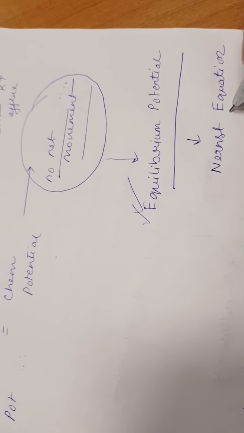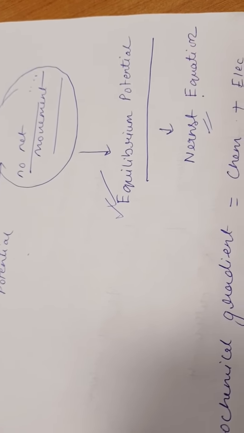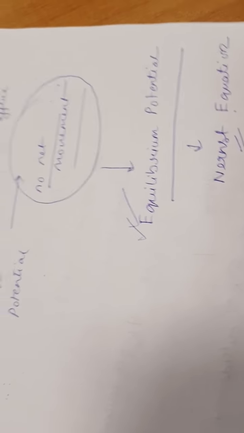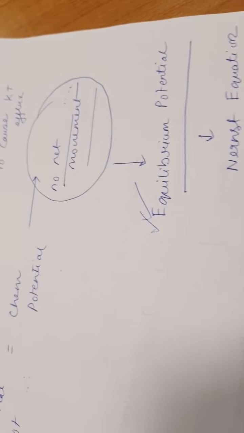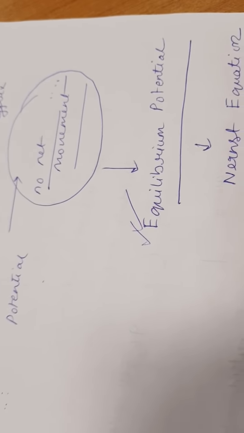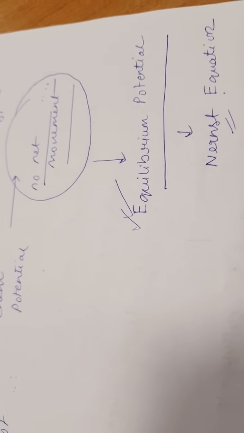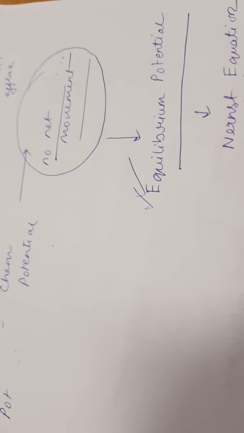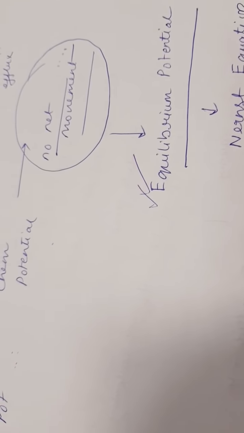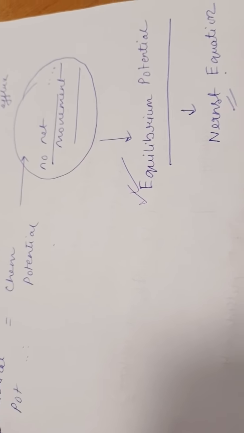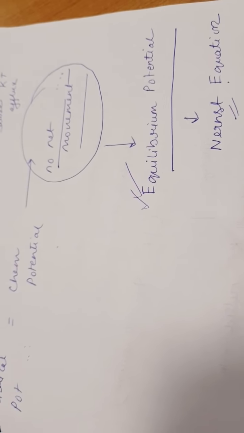So how do we calculate it? I will not go through the derivation of the Nernst equation here. You have already done that in your chemistry classes. If you want to revise it, you can check out your books, and if you want, I can leave a link which will explain the derivation of the Nernst equation.